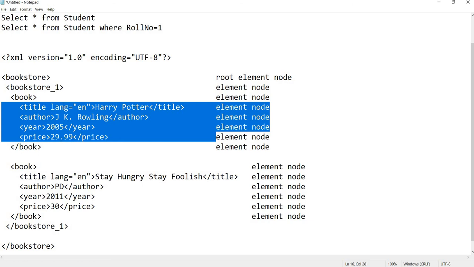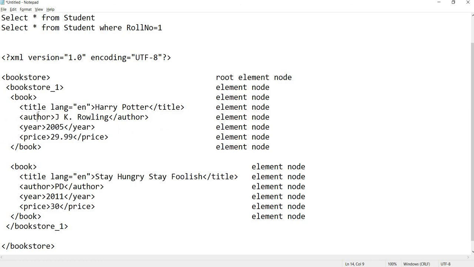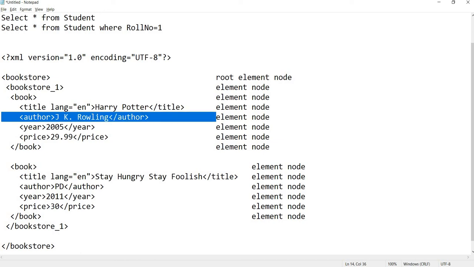So as these four are children of the same parent, they become siblings of each other. To be very specific, this author is a following sibling of title, and author is preceding sibling of this year as it falls before it, and for this title this author becomes following sibling as it falls after it.